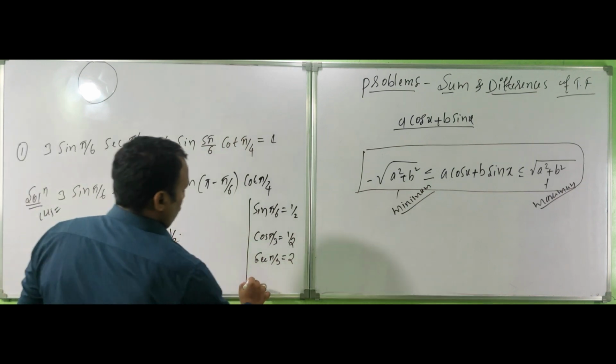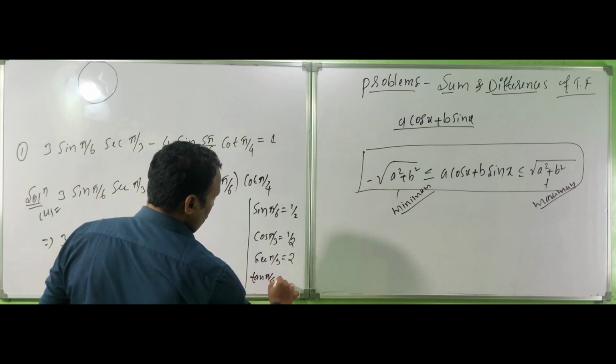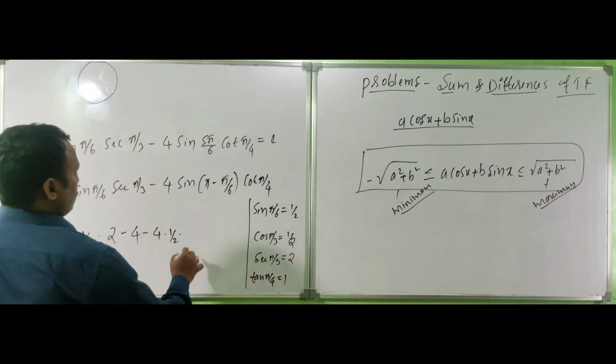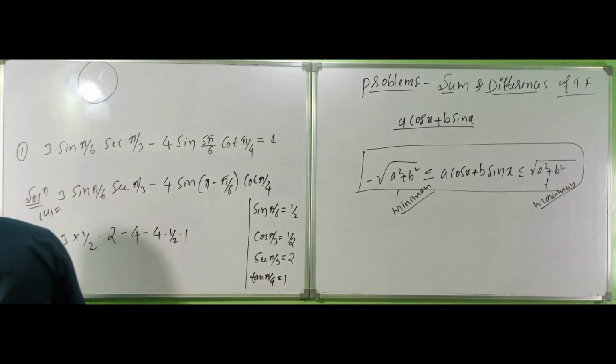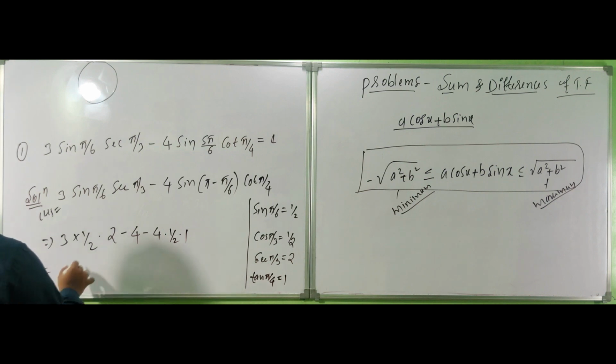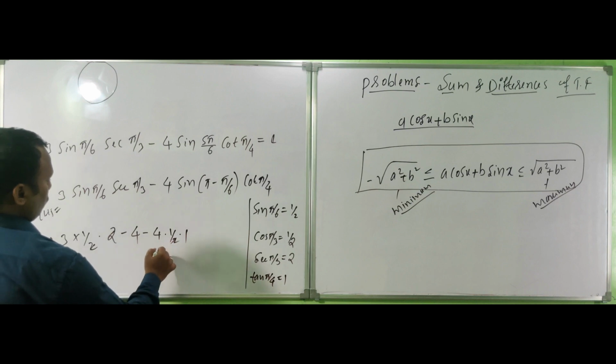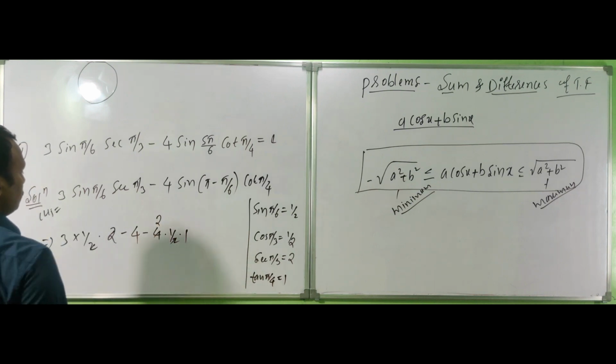Tan(pi/4) is 1, so cot(pi/4) is equal to 1. So minus 4 into 1 by 2. The 2s get cancelled.